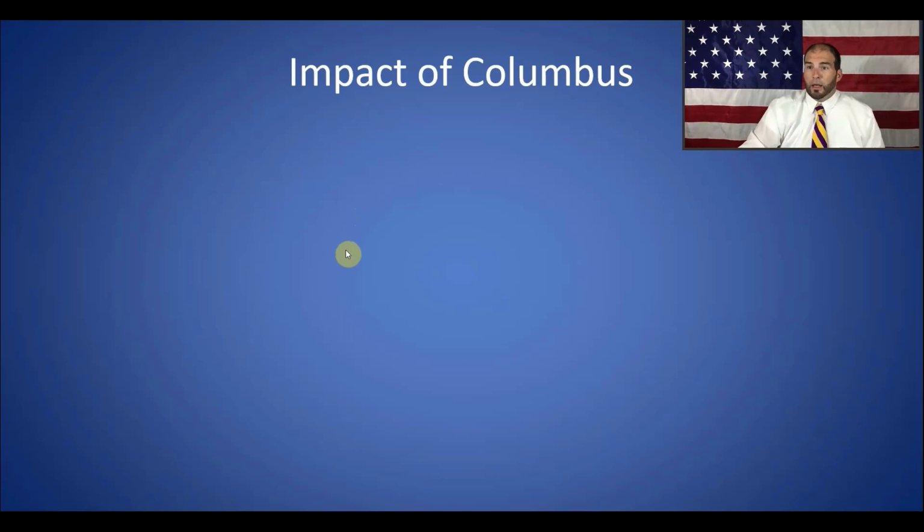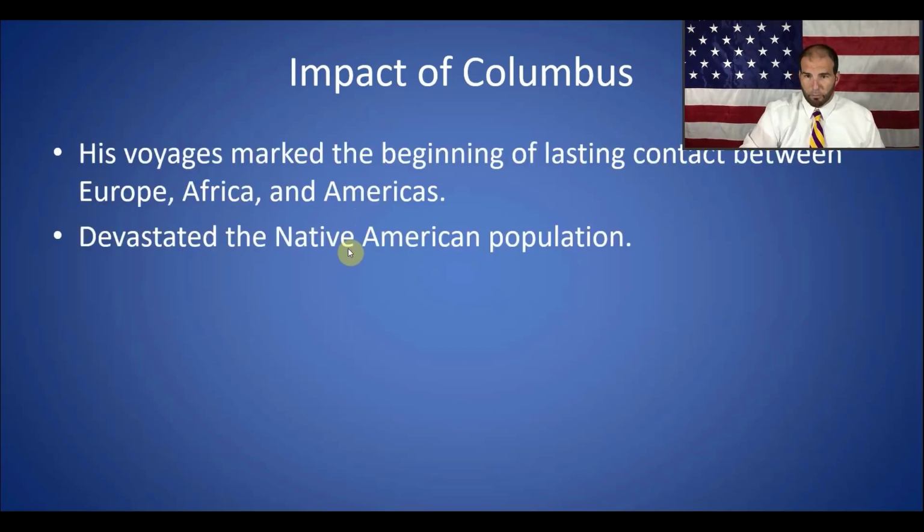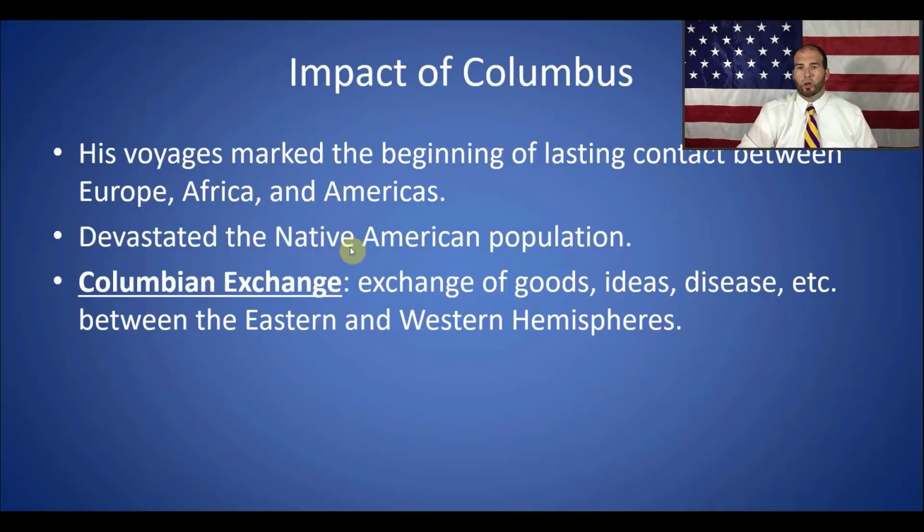All right. Impact of Columbus. So Columbus absolutely, fundamentally is going to change the world. He's going to be dead before he realizes it. But because he figured out and was the first guy to come across, it opens up trade between North and South America and Europe. North and South America is referred to as the New World.